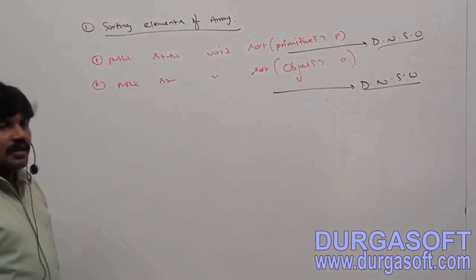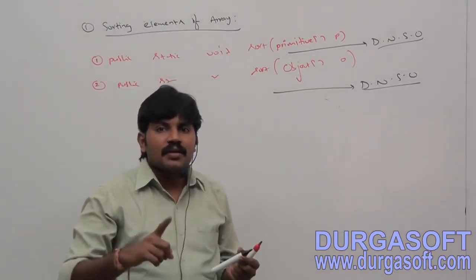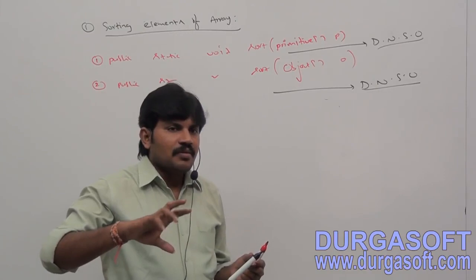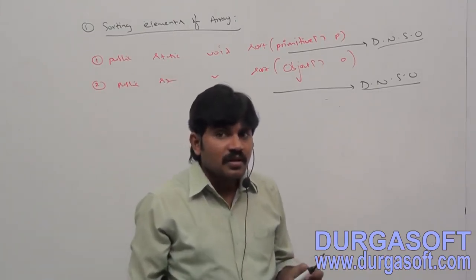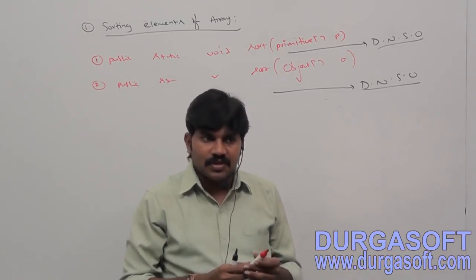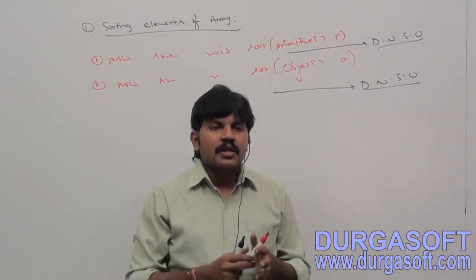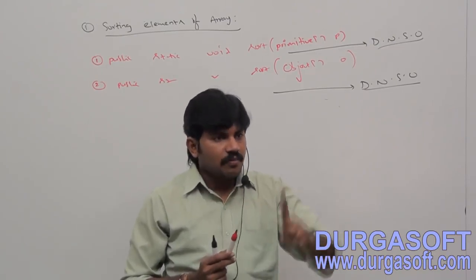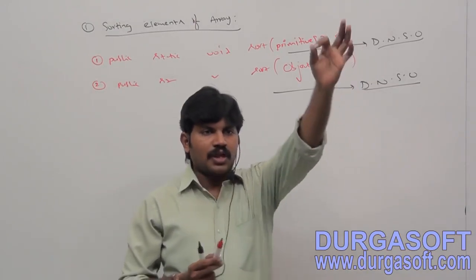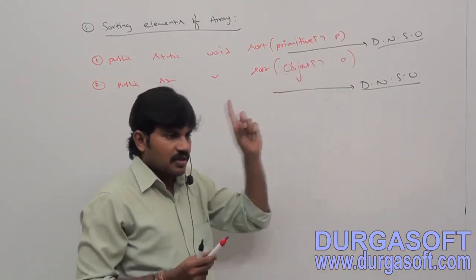Sir, I want to sort an object array based on customized sorting. How can we sort based on customized sorting? By using Comparator. Comparator contains which method? The compare method, whose arguments are objects. That's why customized sorting is applicable for object type arrays but not for primitive type arrays. A primitive type array we should compulsorily sort according to the default natural sorting order only.